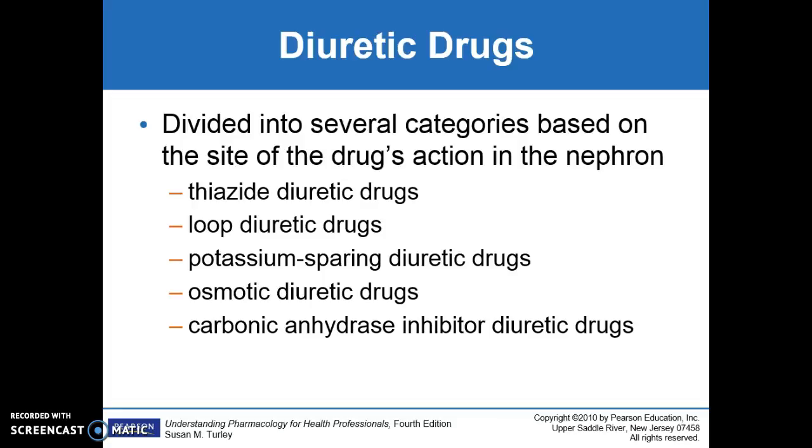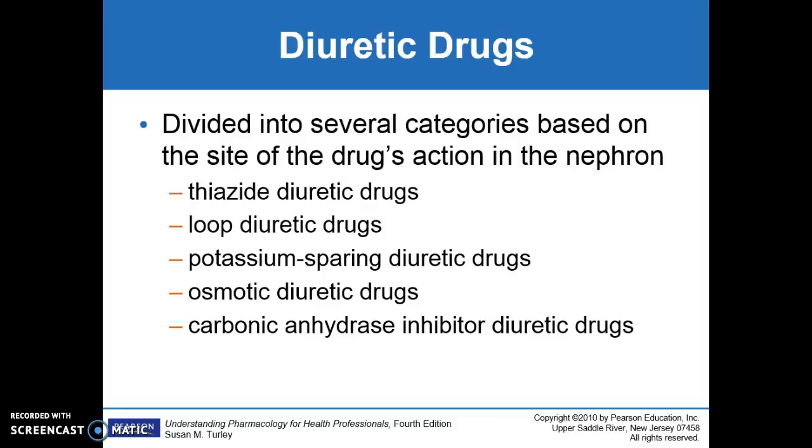The key here, though, is that all but the middle one not only help us remove excess water from the bloodstream, but they also remove some key ingredients that we need. So things like sodium and potassium are typically lost in that process as well.